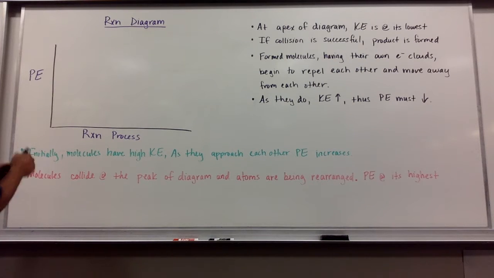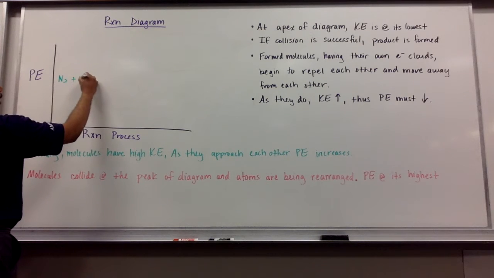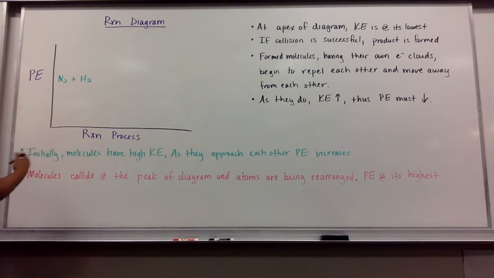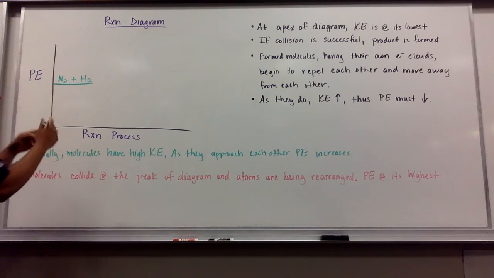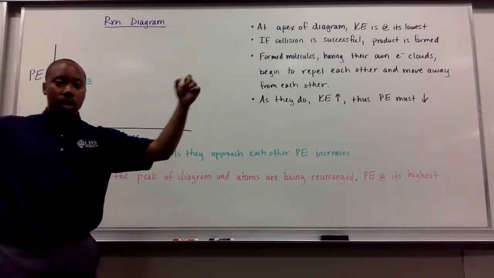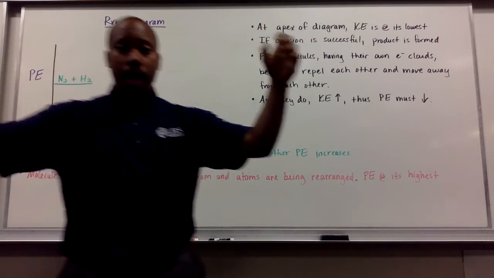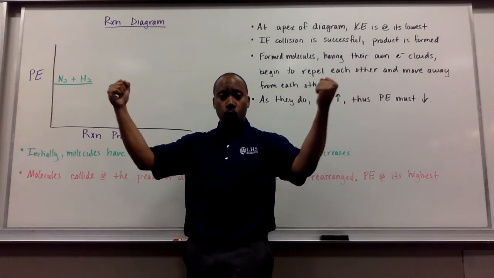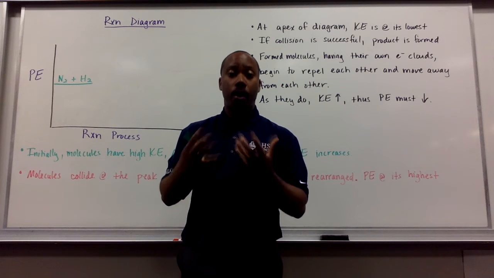Now these reactants, N2 and H2, start at some point. We'll call it here. At this point, this is where they are coming towards one another. They both have their individual kinetic energies coming towards one another, and the electron clouds start to repel.